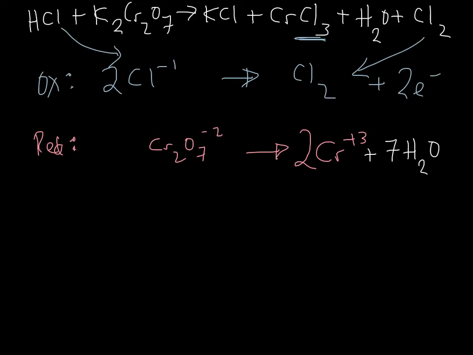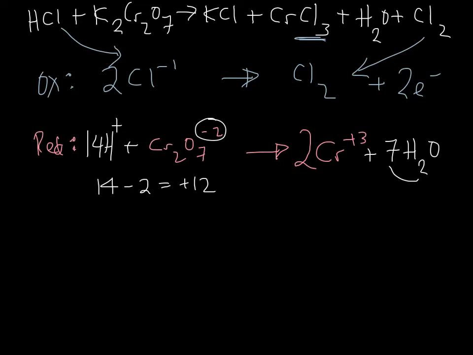Then I have to balance the hydrogen, so I have 14, because 7 times 2 is 14, so I need to add 14 hydrogens to the reactant side. So I've balanced my chromiums, I balanced my oxygen, I balanced my hydrogen. Now I have to balance out the charges by adding electrons. So on the reactant side, I have 14 positives, -2 from the polyatomic ion, so that's going to give me an overall charge of +12.